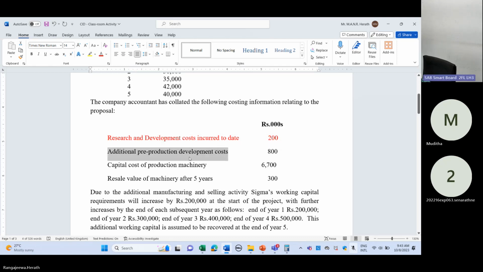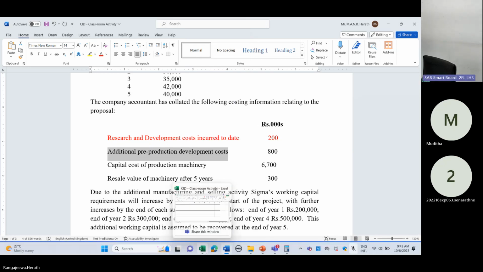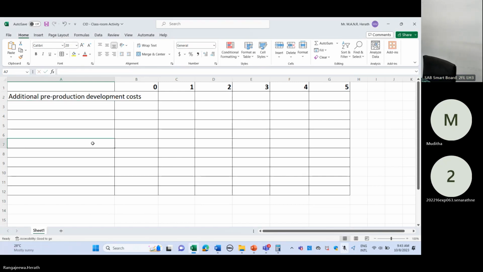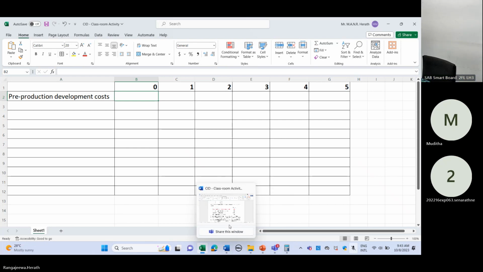Additional pre-production development cost is to be incurred, right? Pre-production development cost is a cash outflow. How much? 800. I am taking 1,000.